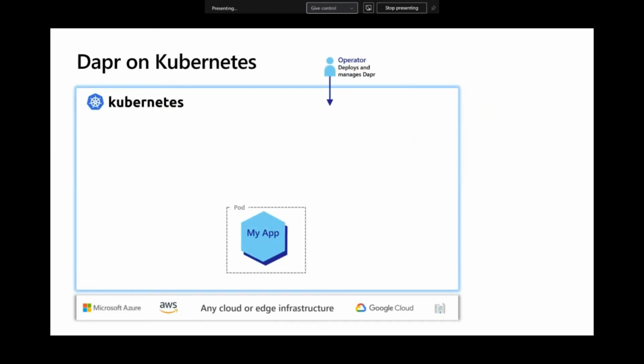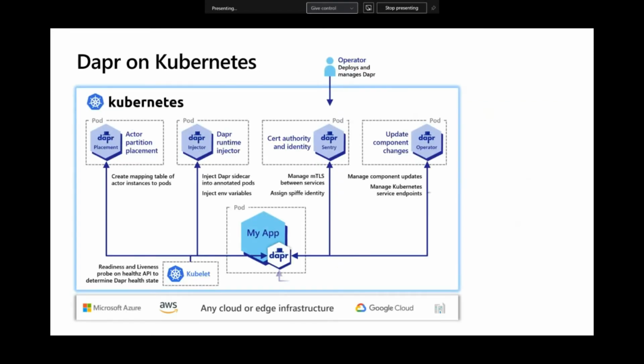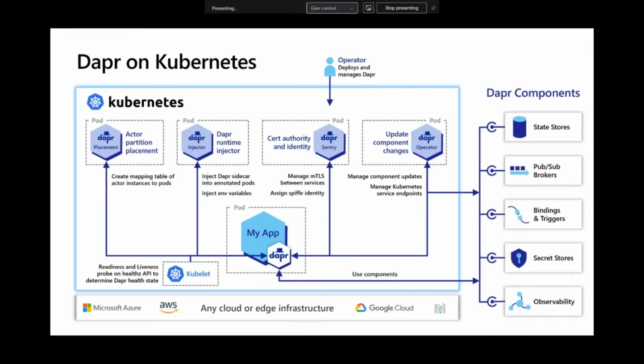If we look at how Dapr configures itself on Kubernetes, we see that a few system components are present. So we already met the actor placement service.